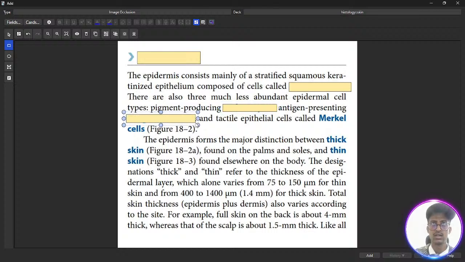Actually, Langerhans cells are macrophages. Okay, tactile epithelial cells called Merkel cells. Whoa! What do you mean? Okay, wait a minute. This is bad.